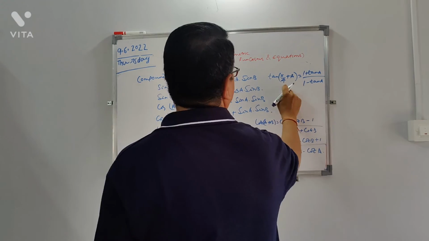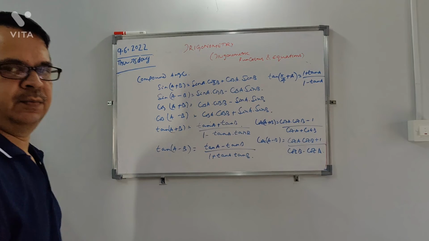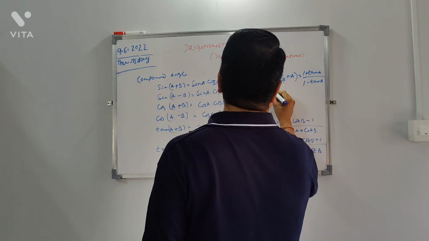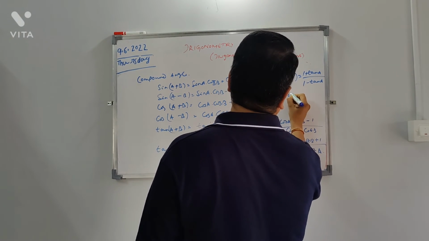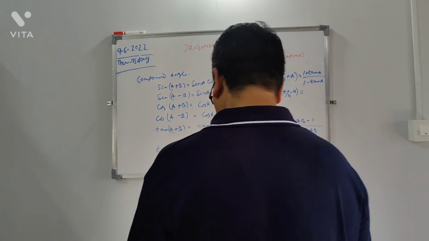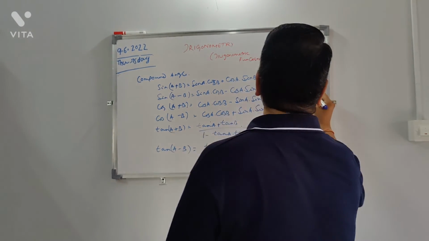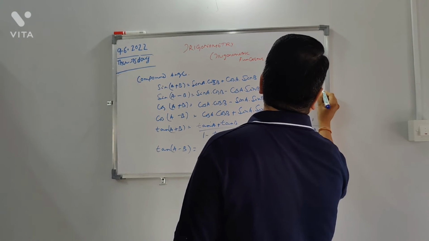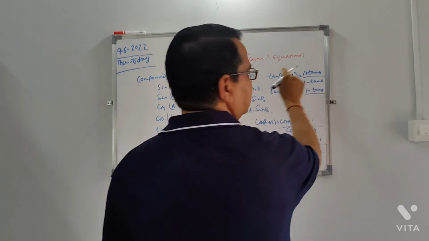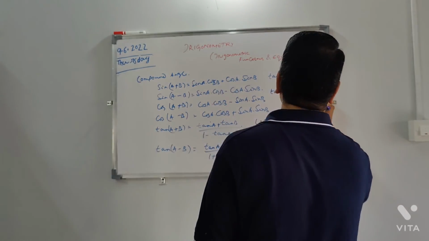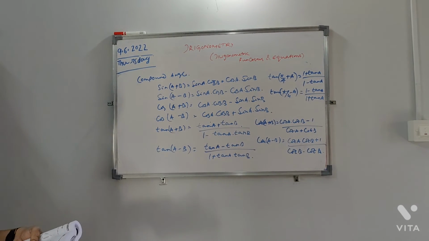You can get it from here by replacing with pi by 4 and A. And tan of pi by 4 minus A is equal to 1 minus tan A divided by 1 plus tan A. In case of tan, the signs are plus and minus like this. So these are the formulas on compound angle.